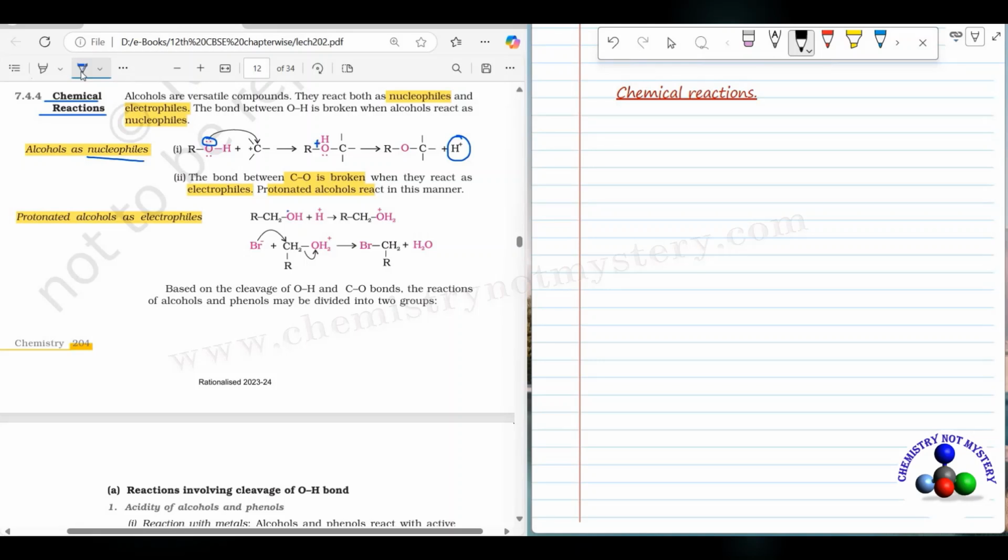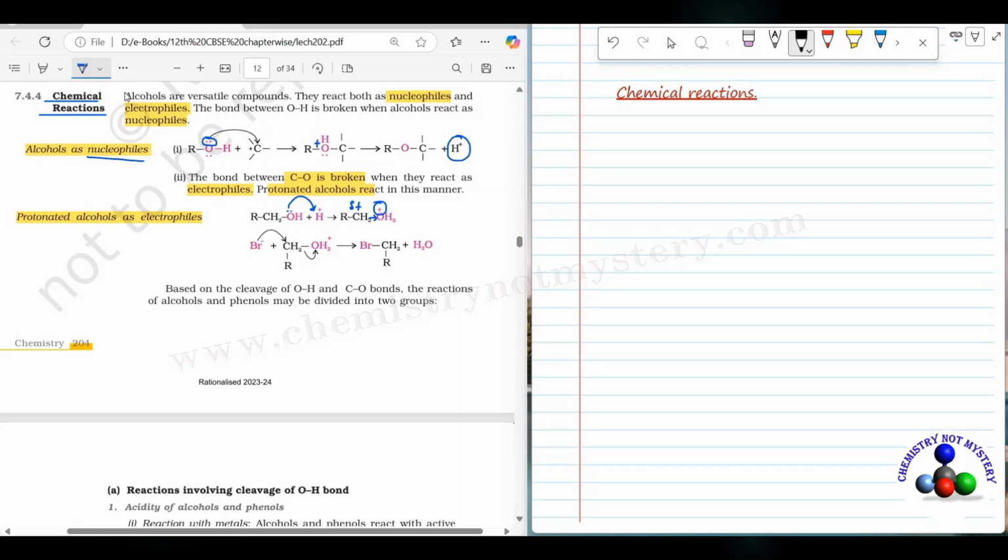As the oxygen donated a pair of electrons to the H plus ion, it will make a bond with the H plus ion. And by the donation of electrons, oxygen develops a positive charge. Now this positively charged OH2 group will withdraw electron density from carbon more strongly than before. As it withdraws electron density from carbon, this carbon becomes electron deficient.